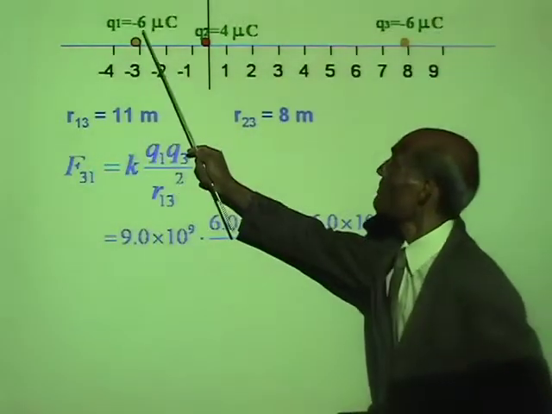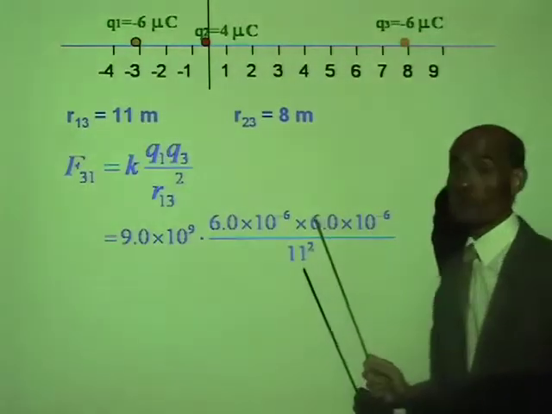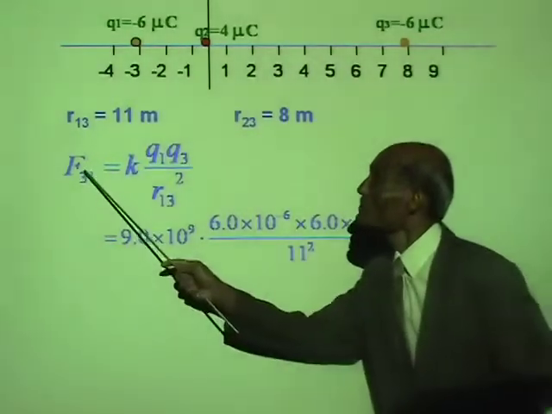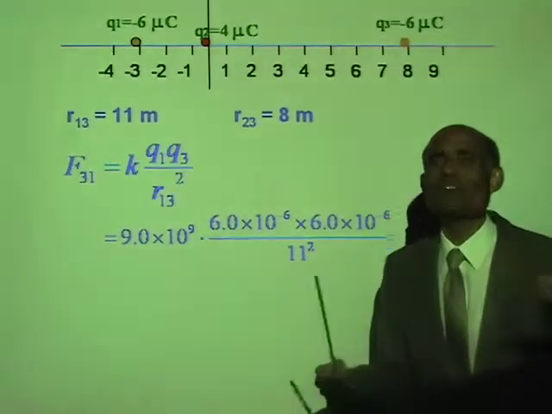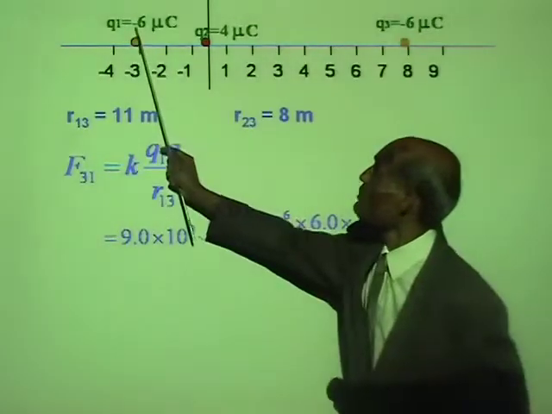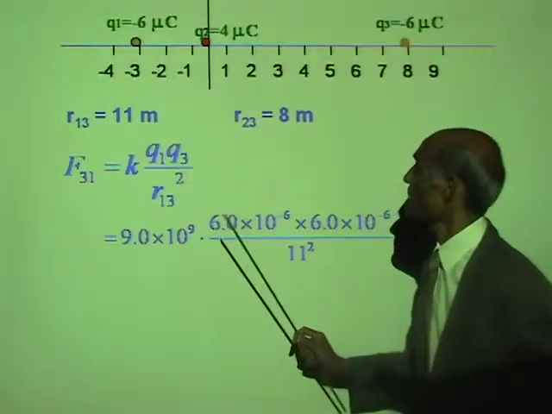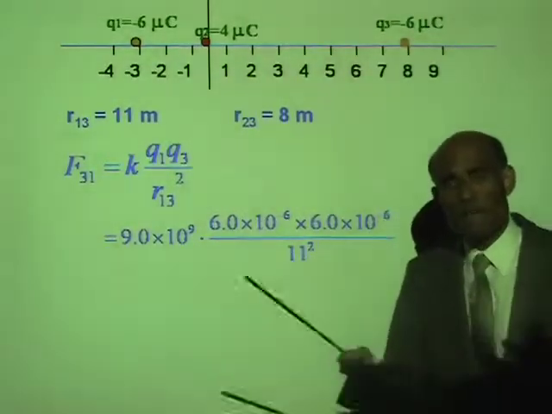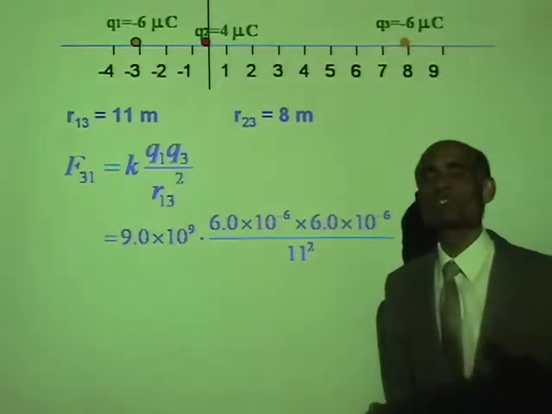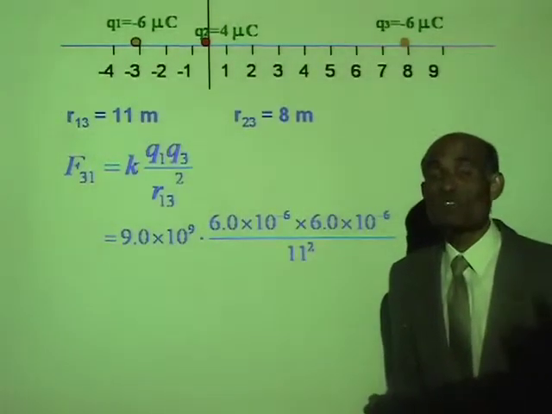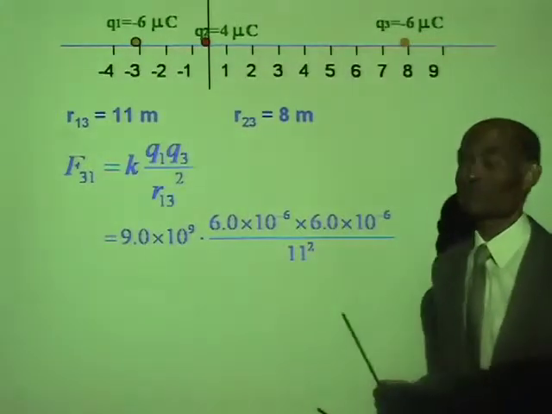Q1 is 6 microcoulomb. Now remember, when you are using this formula, we are only calculating the magnitude. So I have dropped that negative sign. Only use the magnitude or the numbers so that we get a measure of the force. The direction of the force we will find later.